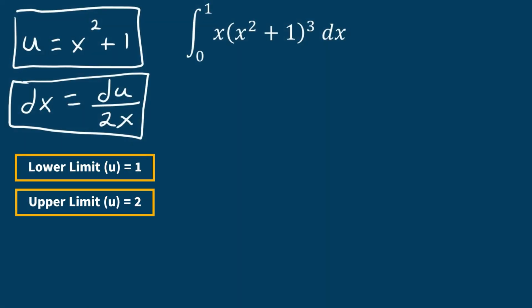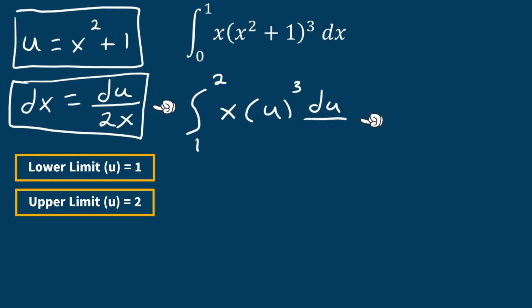Now that we have our u, our dx, our upper and lower limits, let's go ahead and rewrite this integral. What we're going to have is the integral sign, and then now our lower limit is 1, and our upper limit is 2. This x is going to stay the same, and we have x squared plus 1, which is equal to u cubed, and dx is equal to du over 2x.